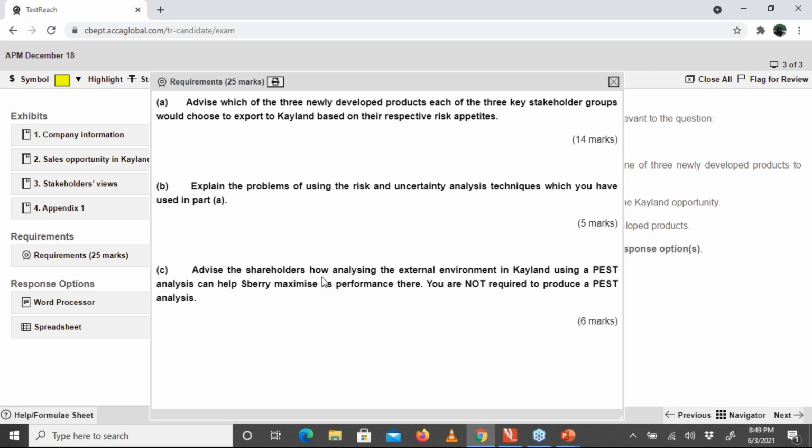You're not required to produce a PEST analysis. So they're telling you how the use of this external analysis could help perform. Now let's try to have an understanding of what exactly it is.